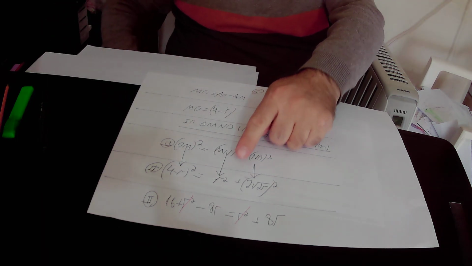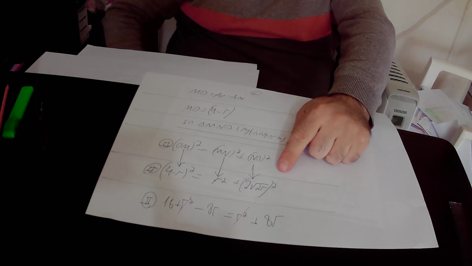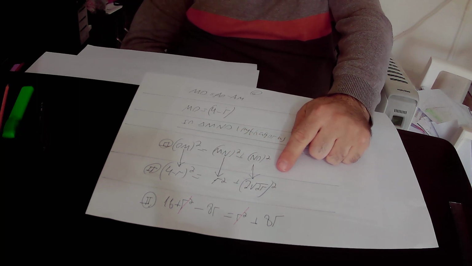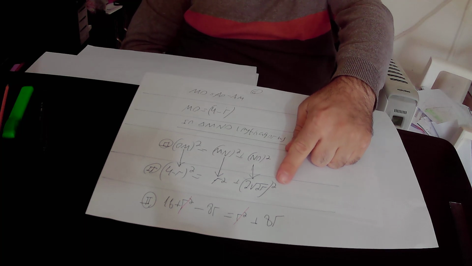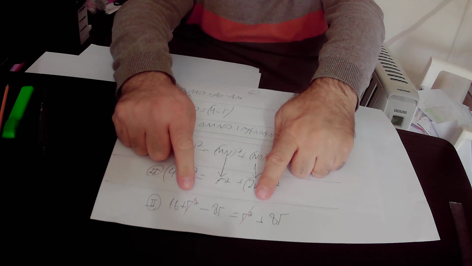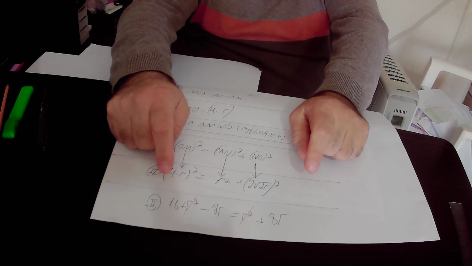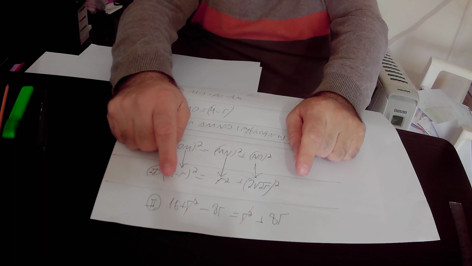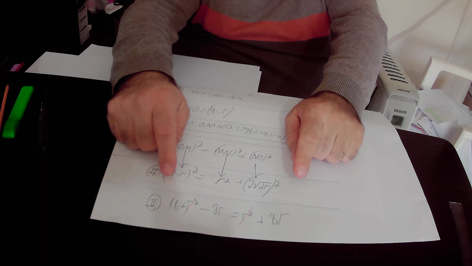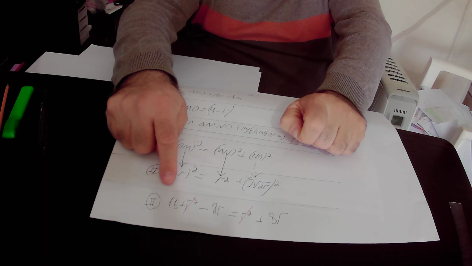And here we have R squared, and the square of 2 times square root of 2R, squared, is actually 8R. So here we have R squared on both sides of equation number 1, so R squared will get cancelled. And what is left after we cancelled R squared? We added 8R to this equation number 2.